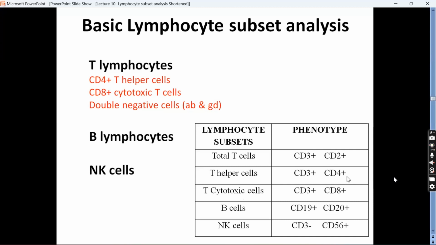T helper cells are CD3 positive and CD4 positive. Cytotoxic cells are CD3 positive and CD8 positive. B cells are CD19 positive or CD20 positive. NK cells are CD3 negative and CD56 positive. So this is the phenotype of these subsets, and you give a report of all these subsets with percentage as well as the absolute counts in the peripheral blood. That is the basic idea of lymphocyte subset analysis, what we do in our laboratory by flow cytometry.